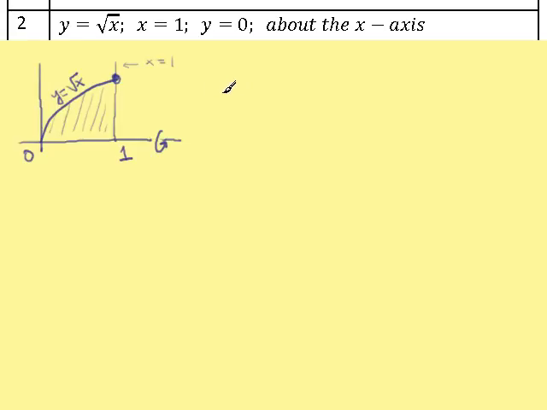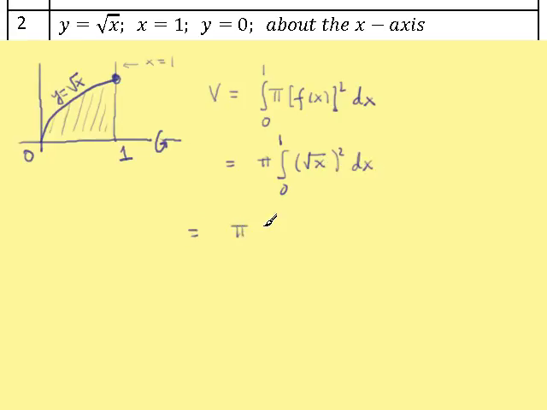So we're going to use our formula for the volume. So we have integral pi f of x squared dx, and we're integrating from 0 to 1. In our case, f of x is square root of x, so this is simply x dx.